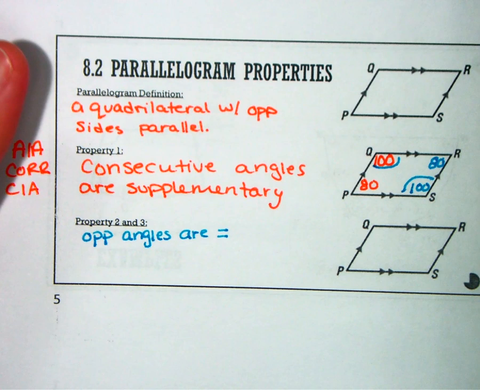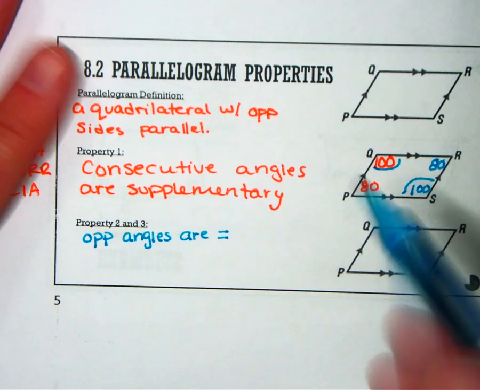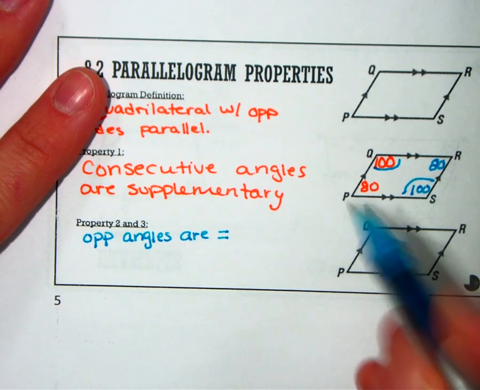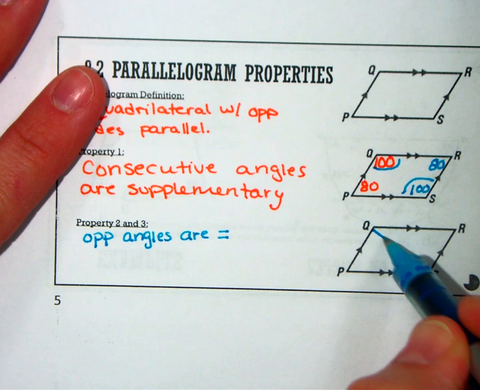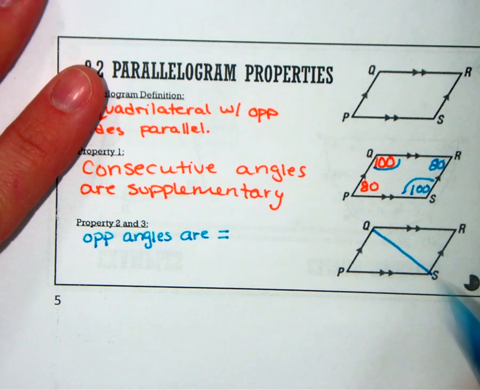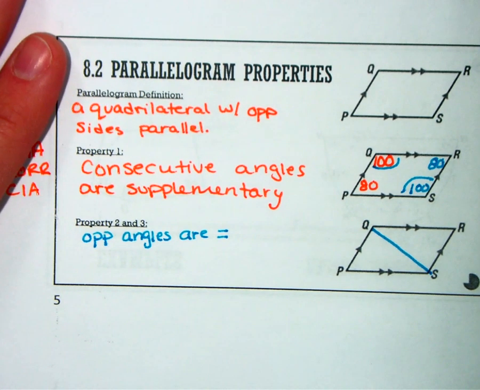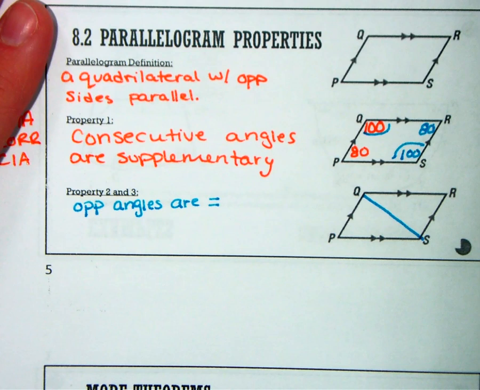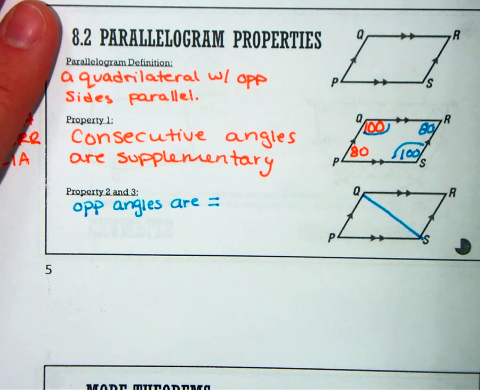But in order to find the third property, I'm actually going to take this parallelogram and I'm going to break it into two. And this should look super familiar because when we did triangle proofs, a lot of them looked just like that for this very reason. Okay, for these particular proofs or these particular properties.